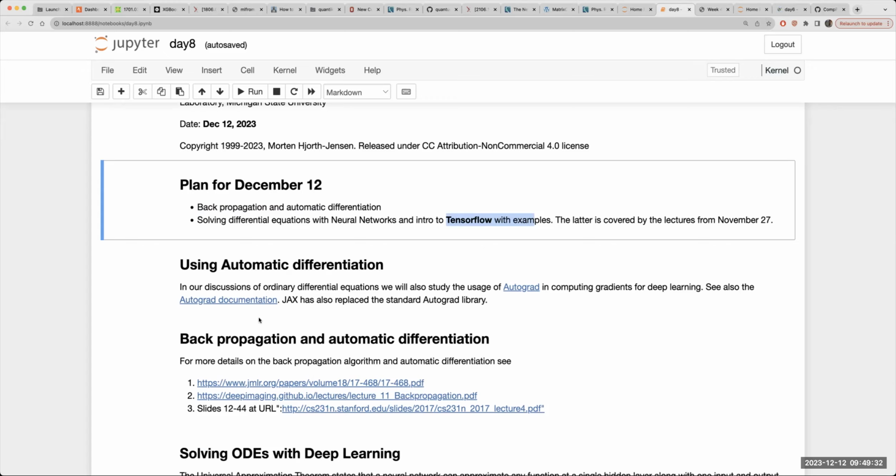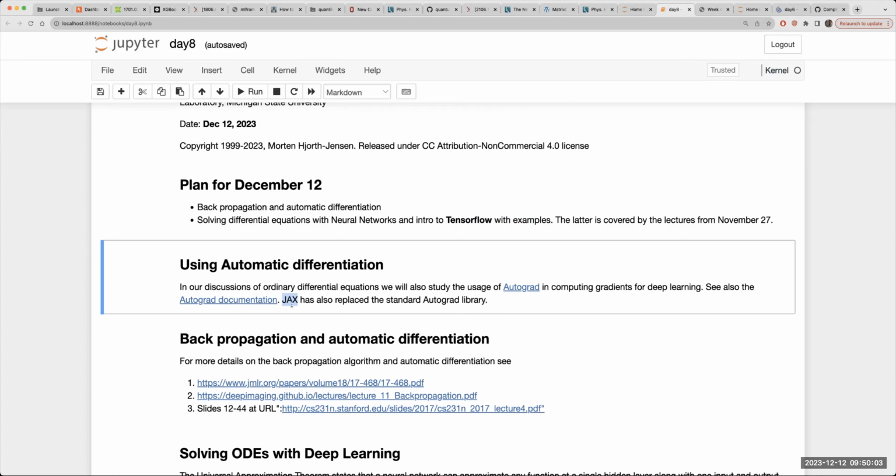Automatic differentiation is something we also discussed earlier. You have the AutoGrad documentation, but automatic differentiation, or AutoGrad, which was the previous package, has now been replaced by JAX. In the examples here, because we've had some problems installing JAX on different platforms, AutoGrad, which is no longer updated but has actually been integrated with JAX, is a library that is a little bit more stable.